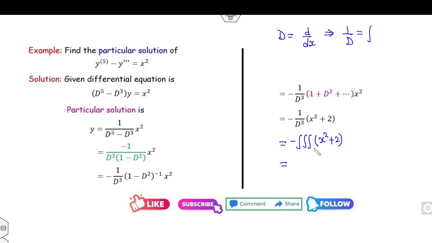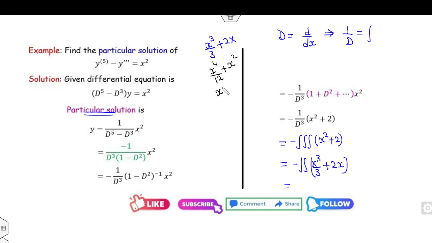So what is the triple integration? First, the integration of x square is x cube over 3 plus 2x. Because it's a particular solution, there is no need to write the constant C1, because a particular solution is one which does not involve the constant. Then the second integration is x raised to power 4 over 12 plus x square.